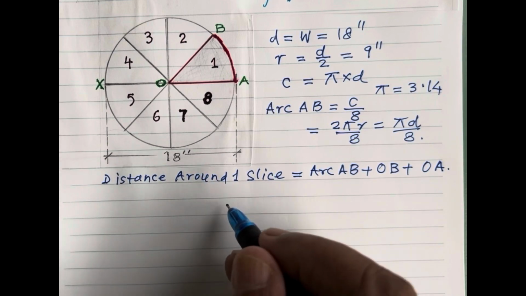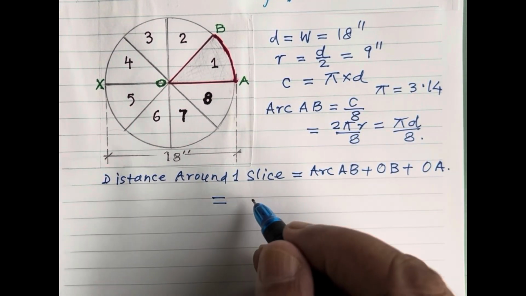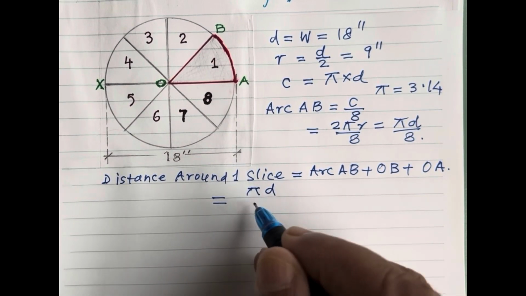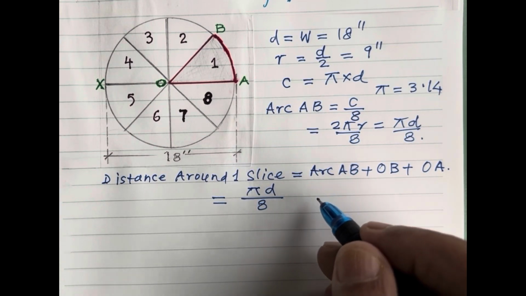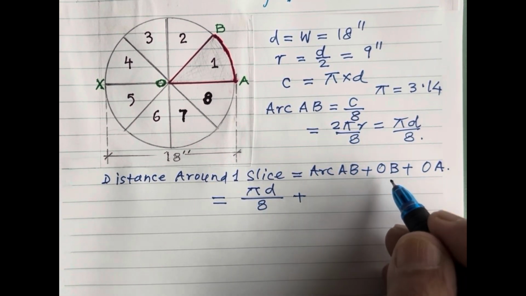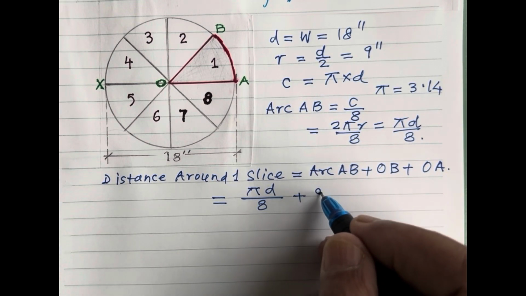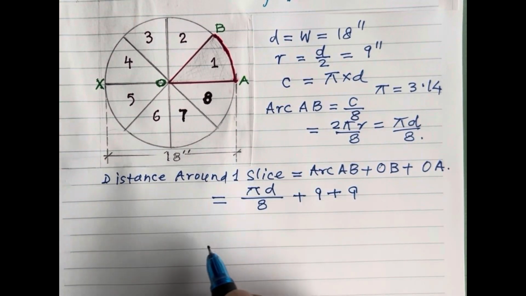Alright, so arc AB is pi multiplied by diameter over 8, and OB is the radius, OA is also radius, and radius is 9 inches.